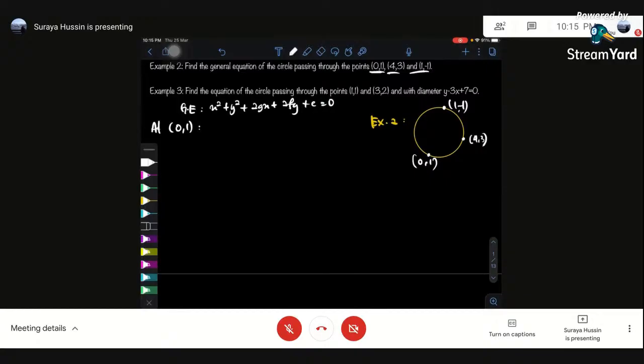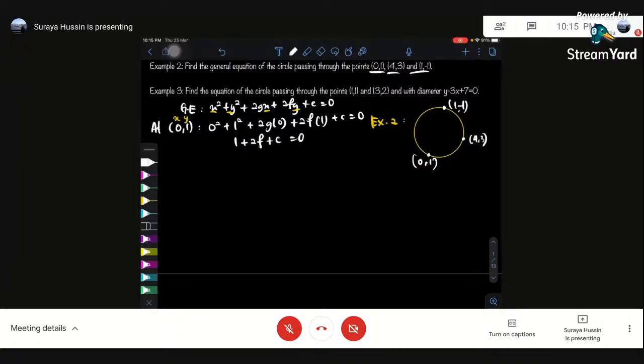Okay, so what you have to do right now is you memasukkan nilai x dan y di situ. Masukkan setiap satu, you will get 0 squared plus 1 squared plus 2g times 0 plus 2f times 1 plus c is equals to 0. Therefore, you will get 1 plus 2f plus c is equals to 0.